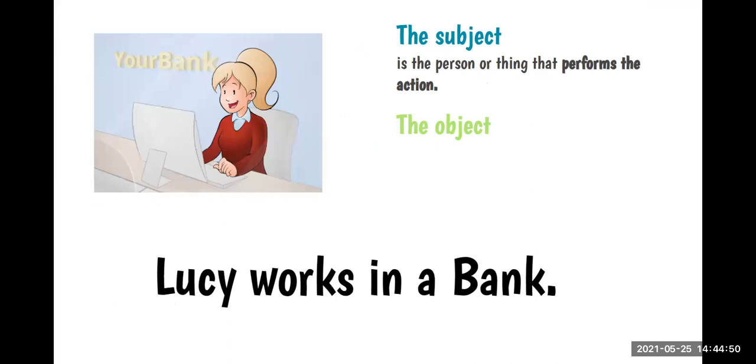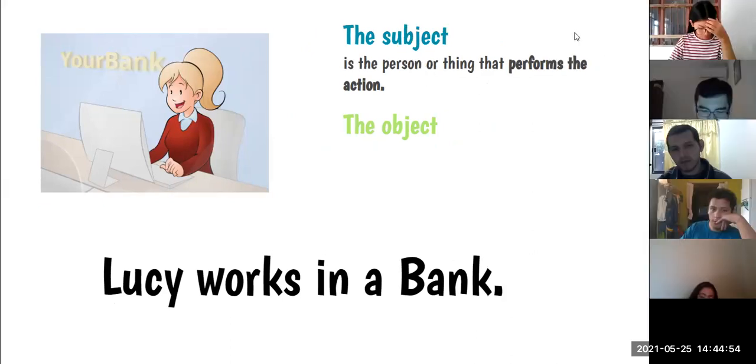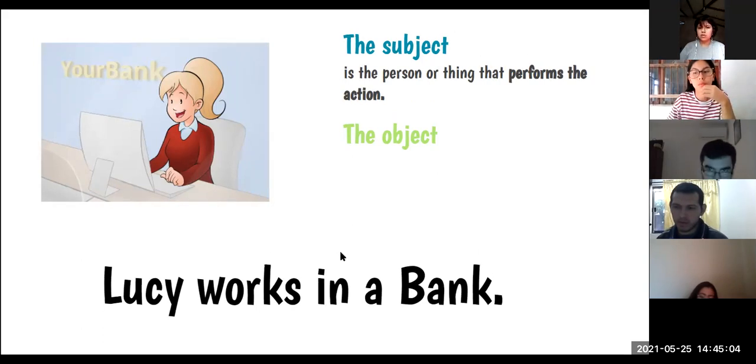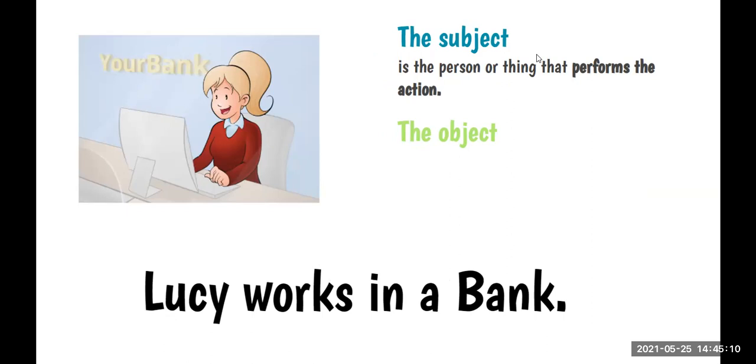Okay, very good. What about the object? Any ideas? What could be the object? Oscar? The object is in a bank. Okay, very good. But how can you define this? ¿Cómo podríamos definirlo?